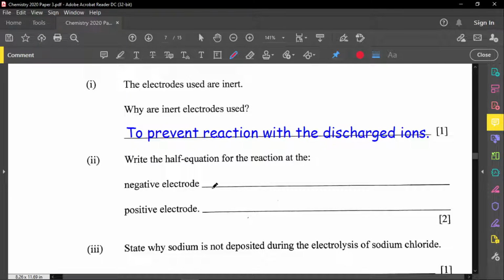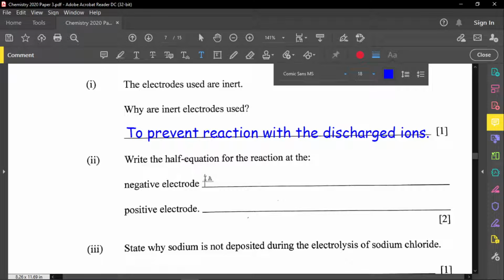So here I'm going to show you how this actually works. At the negative electrode, remember the positive hydrogen ion will go there. So I'm going to put hydrogen ion first. It will be positive. Remember now, when the positive ion goes towards the negative electrode, it will gain electrons. I'm going to add electrons right here. Let's put e minus there.